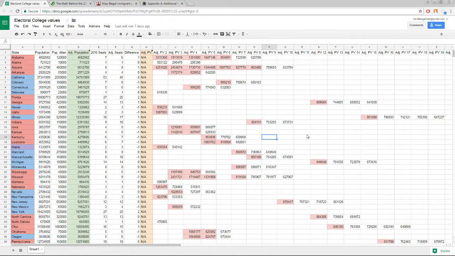Now, if you get a government job overseas, if you're in the military or you're doing something with the government, they do include you. But if you're just living for a year or two outside of the U.S., you're not going to be counted. And remember, that's for 10 years, while all of these illegal immigrants are being counted.